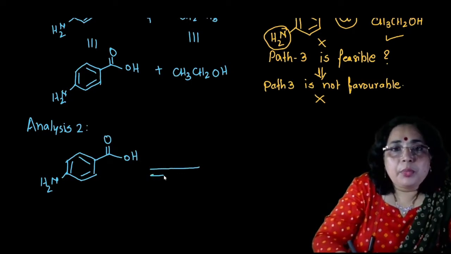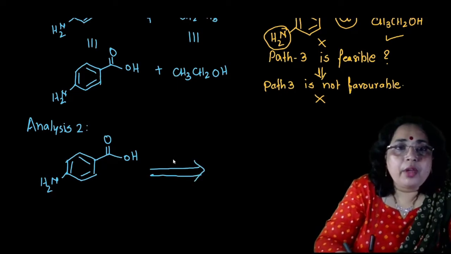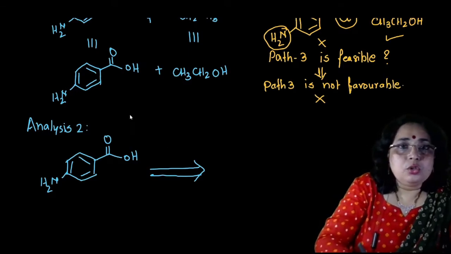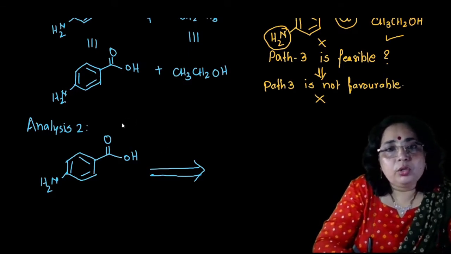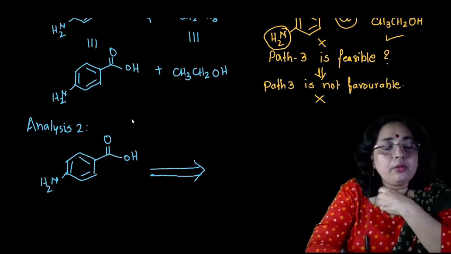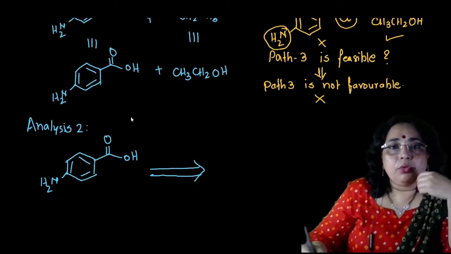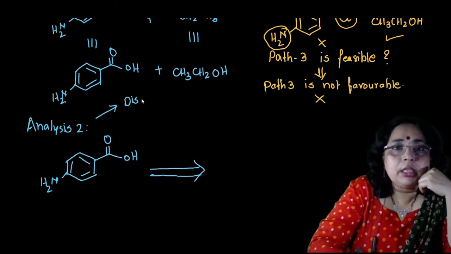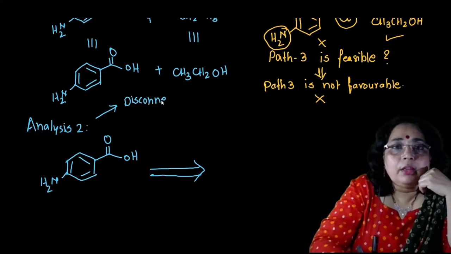Now this part is very interesting, where I am not going to put any disconnection. In the very first lecture I told you that retrosynthetic analysis has two parts. The first part is the disconnection approach, and the second part is FGI, that is functional group conversion.